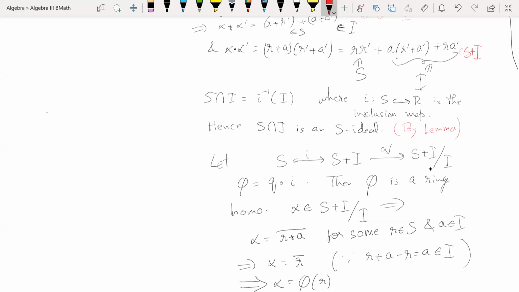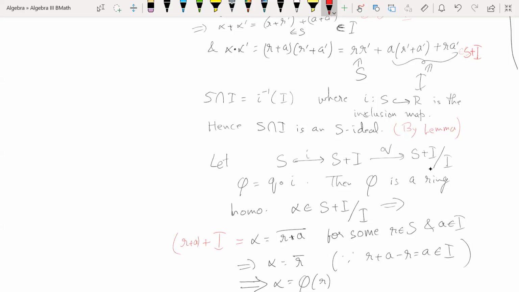So alpha we can write as r plus a bar, where r is some element of S and a is an element of I. If you like, you can also write it as r plus a plus I if you want to use the coset notation, but as I said, it's much more compact to use this bar notation.